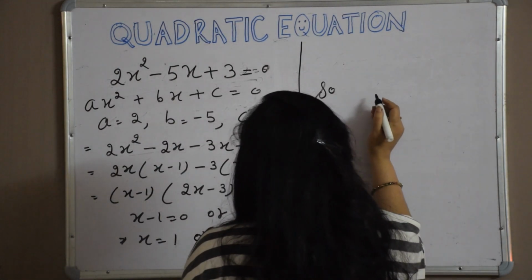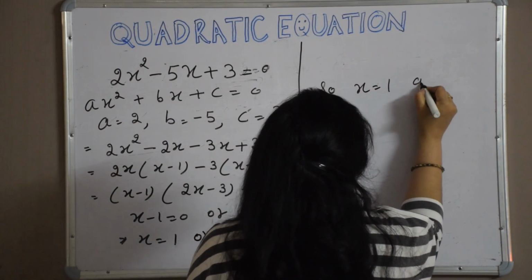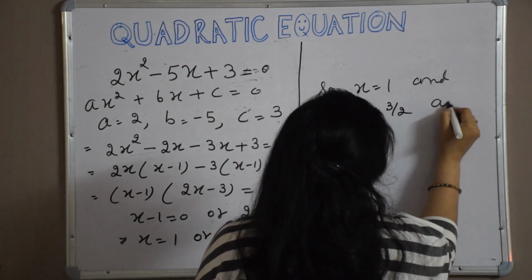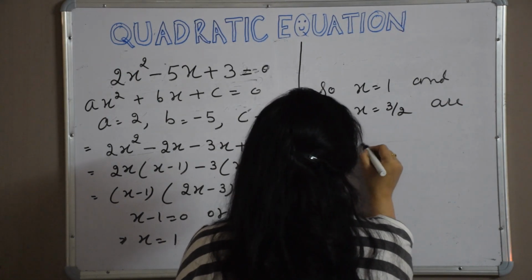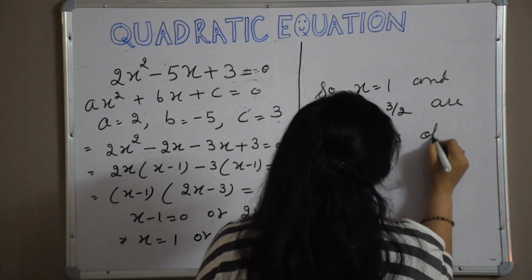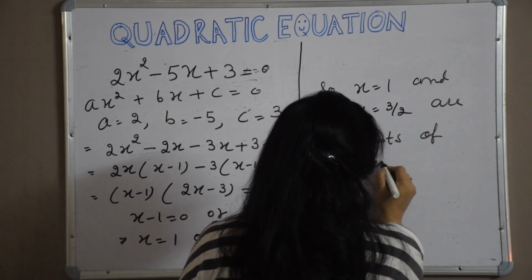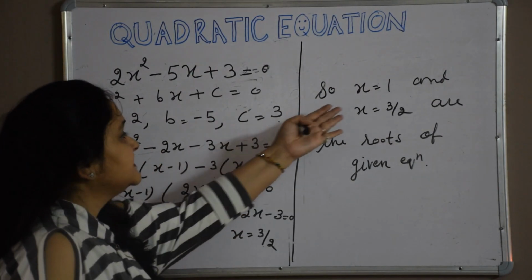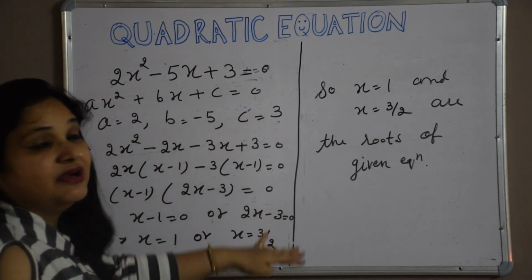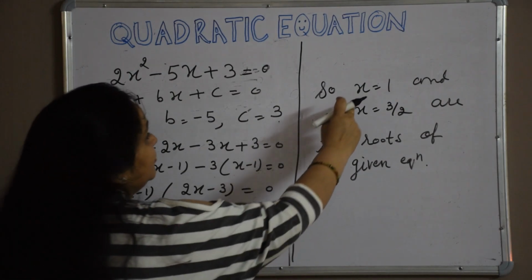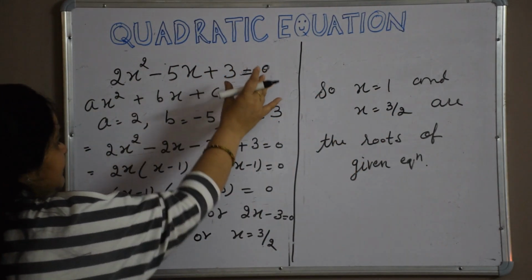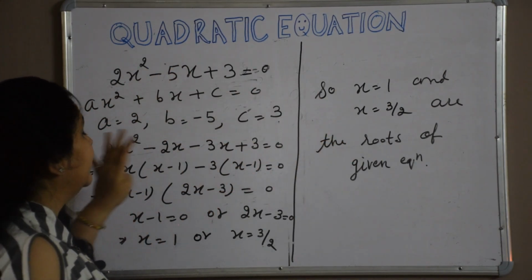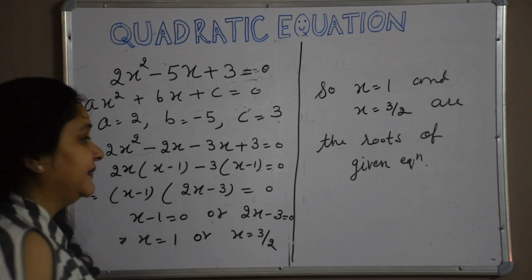So x is equal to 1 and x is equal to 3 by 2 are the roots of the given equation. And you can verify also. How can you verify? You can put the value of x in the given equation and you will see it satisfies the given equation. Both the values you can verify and it is absolutely fine.